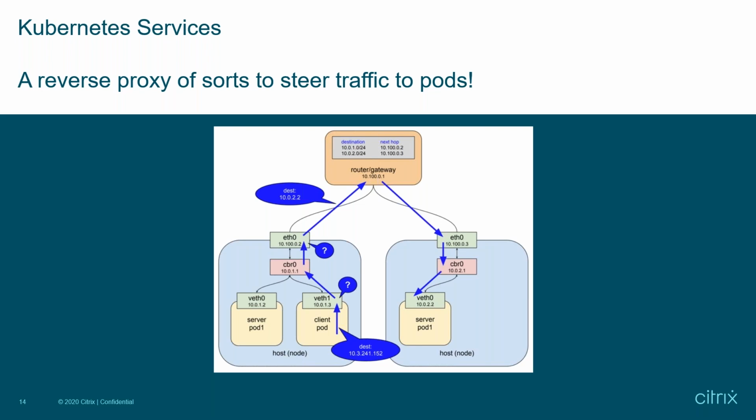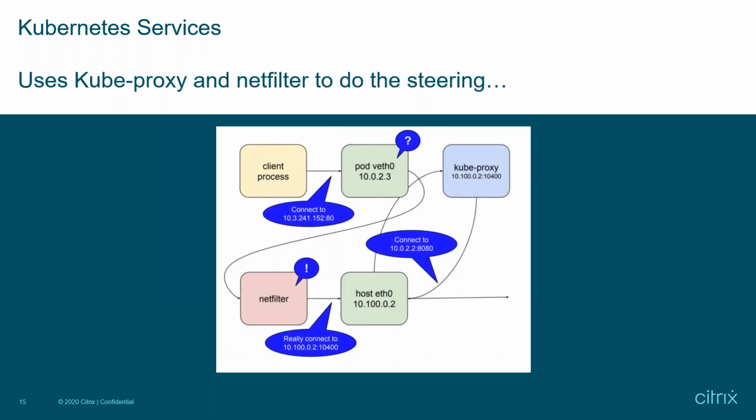What happened? What's this wizardry? Kube-proxy is what happened. Kube-proxy saw the packet at ETH0 and found a match to the VIP of 10.3.241.152 port 80 and rewrote it to a destination of 10.0.2.2 port 8080.